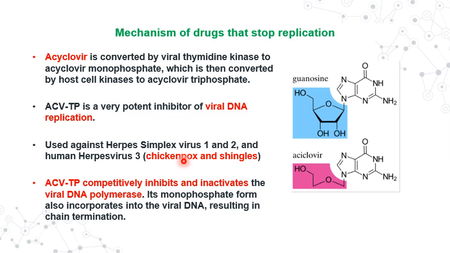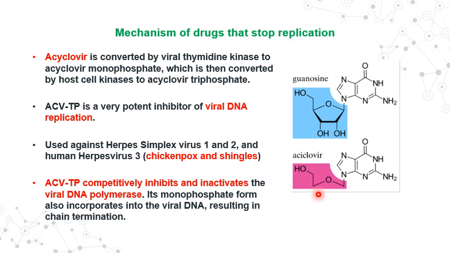And it is actually quite effective against chickenpox, that is herpes virus 3, and by that token also with shingles, that is also caused by the same herpes virus 3. So this is a type of drug that is very good at blocking DNA polymerases of those viruses.